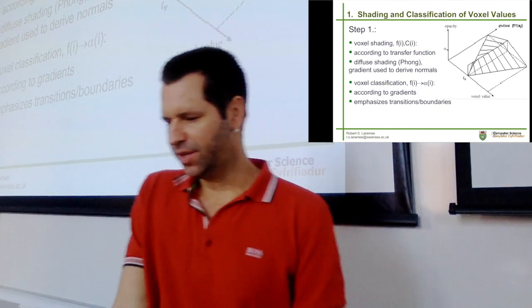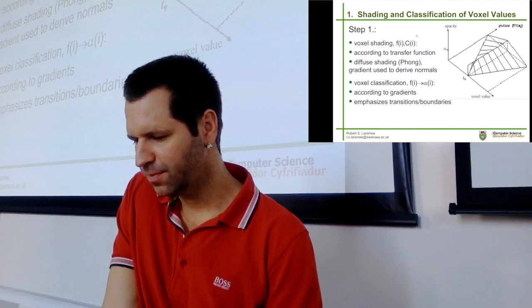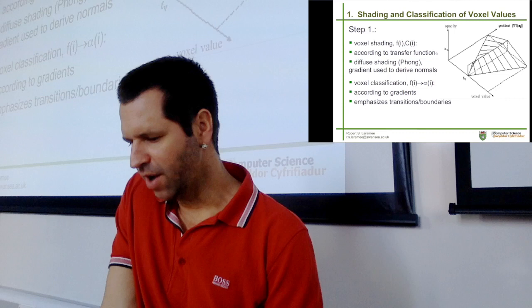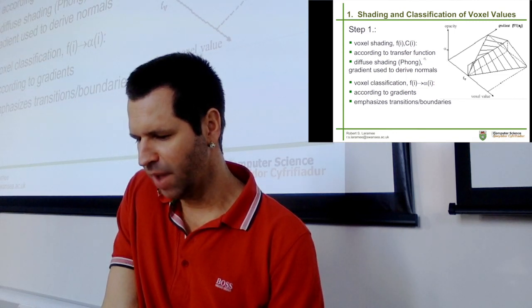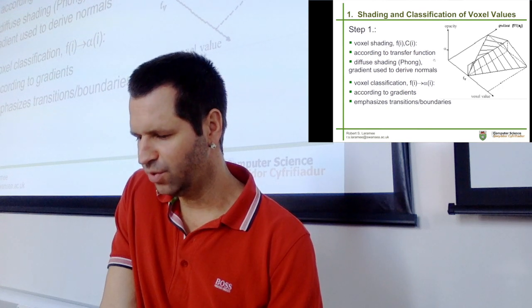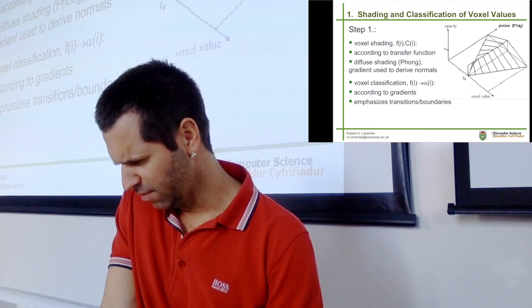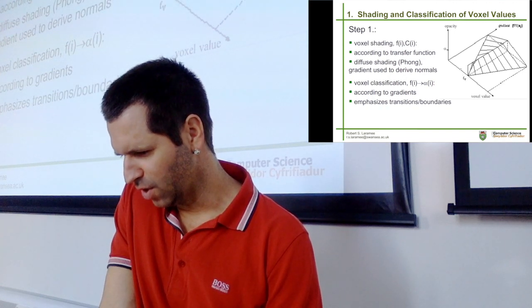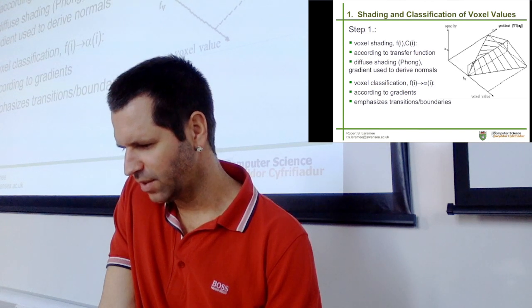So step 1 is our 2D transfer function, right? So for every voxel, we compute a set of colors and a set of opacities. So this is computing the colors and opacities. The transfer function we use is the same one we just saw 2 slides ago, right? So we have the scalar values along this axis and the gradient values along this axis.